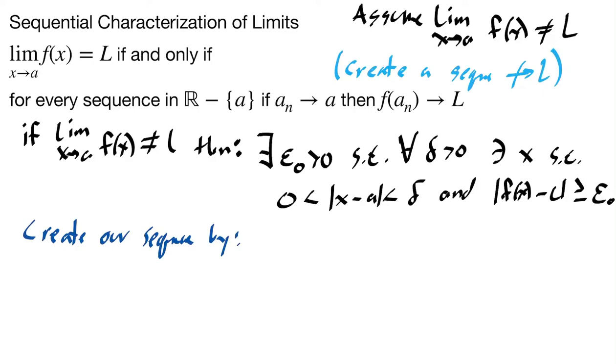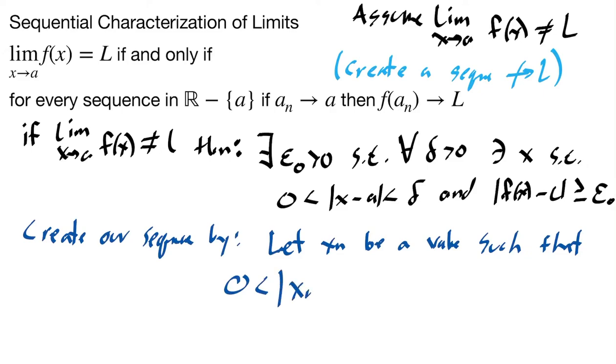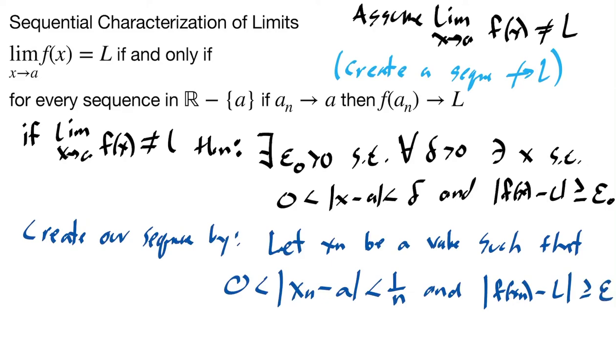So I'm going to say, let x of n be a value such that the absolute value of x of n minus a is less than... oh, I'll tell you what, let's not use delta there, sorry, is less than 1 over n, and the absolute value of f of x of n minus L is greater than or equal to epsilon naught.